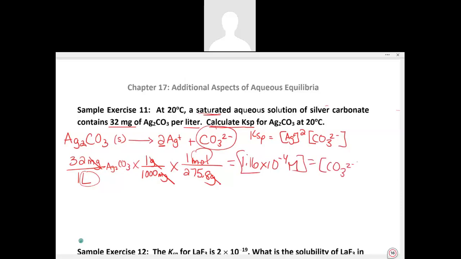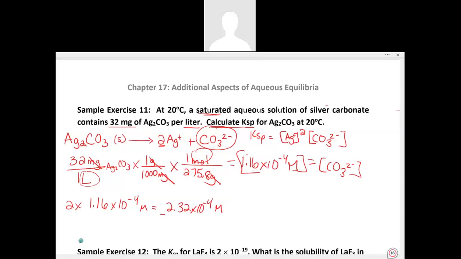But we're going to need to multiply this by 2 to account for the fact that for every 1 mole of silver carbonate, we get 2 moles of silver. So 2 times 1.16 times 10 to the -4 molar gives me 2.32 times 10 to the -4 molar. So now I have enough values.